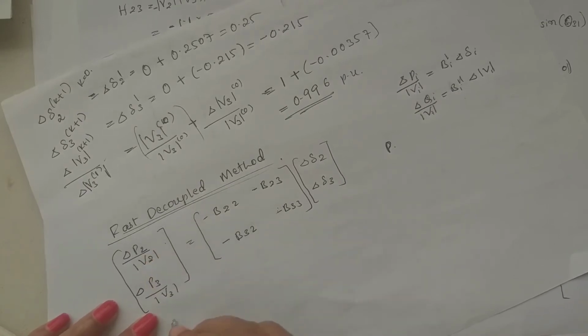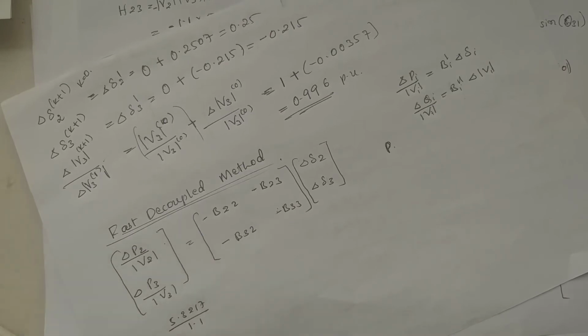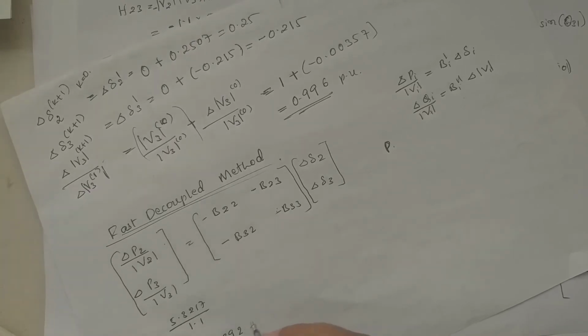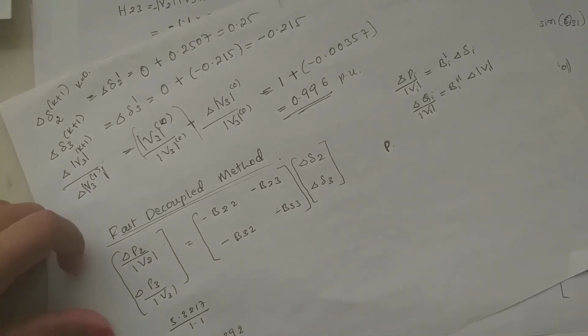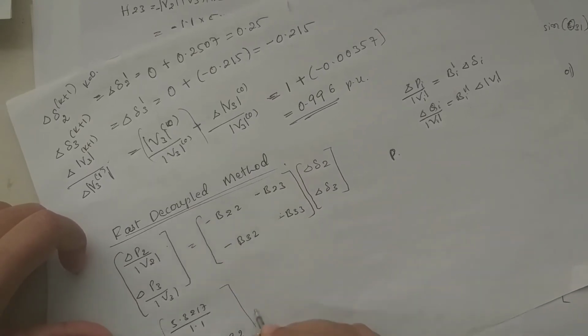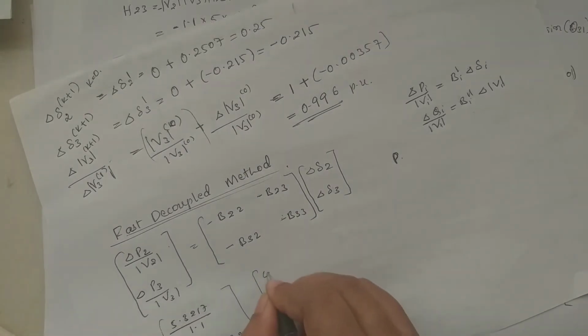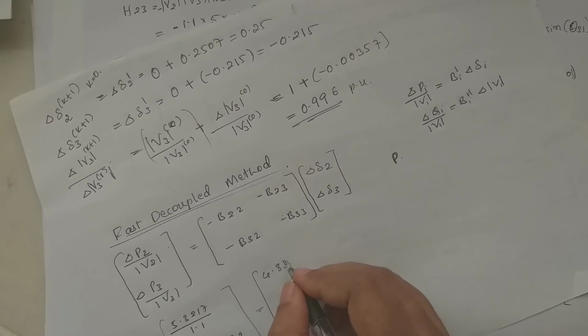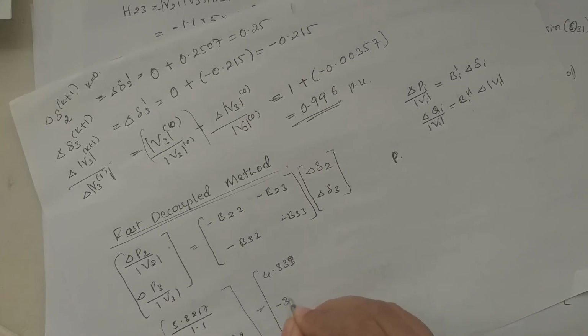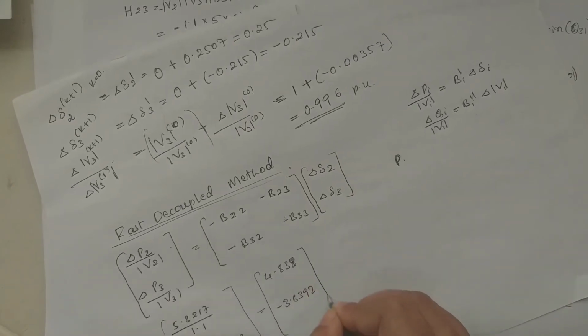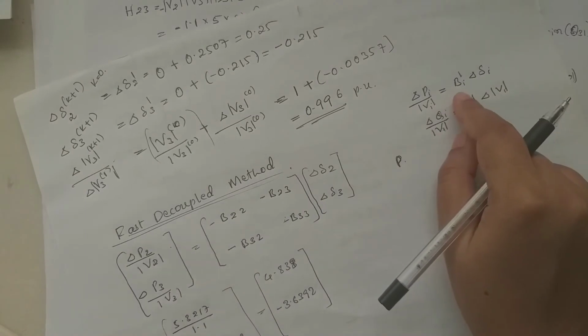Delta P2 already calculated is 5.3217 divided by 1.1, and this is minus 3.6392 divided by 1. Dividing, we get 4.838, and minus 3.6392.